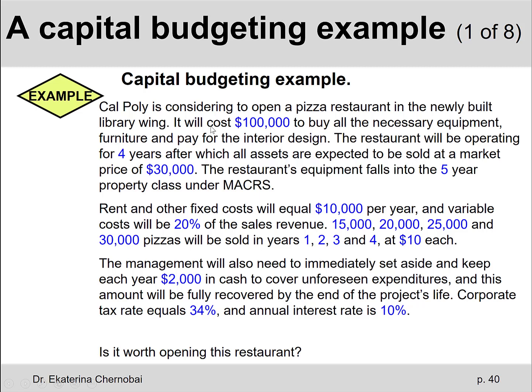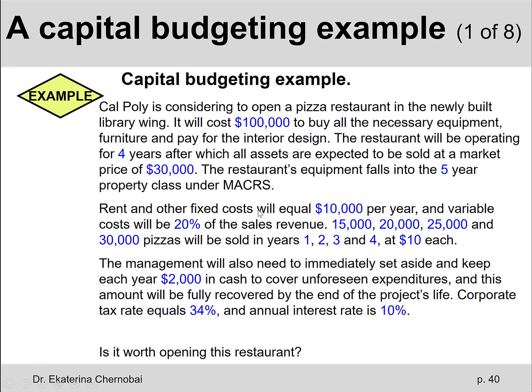That also belongs to the net capital spending category of cash flows. The restaurant will be operating for 4 years, after which all assets are expected to be sold at a market price of $30,000. The restaurant's equipment falls into the 5-year property class under modified accelerated cost recovery systems.